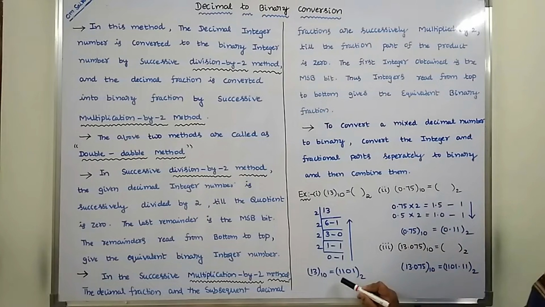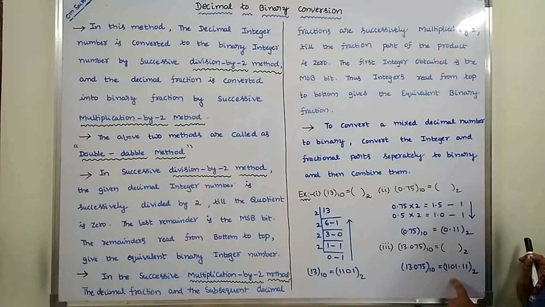Here the result is 1101, and here the result is 0.11. Now combining, we get 1101.11 base 2. This is the resultant binary integer and fractional number for 13.075.